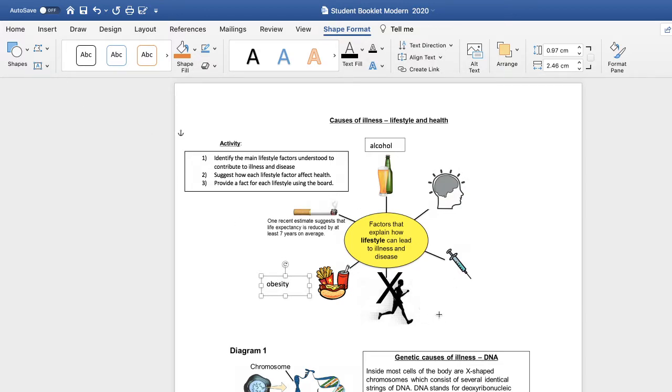You've got someone running with a cross, which means lack of exercise. You've got an injection, so a form of drugs. And the last one is a brain, so we can assume that one is mental health. And those are your lifestyle factors.